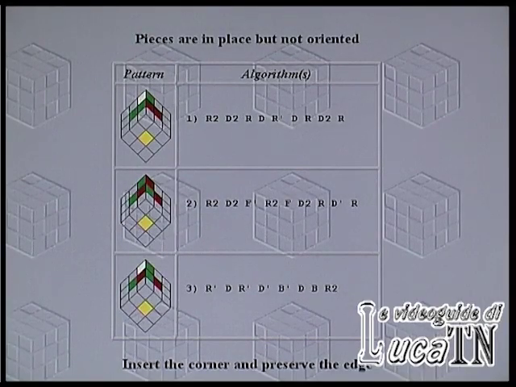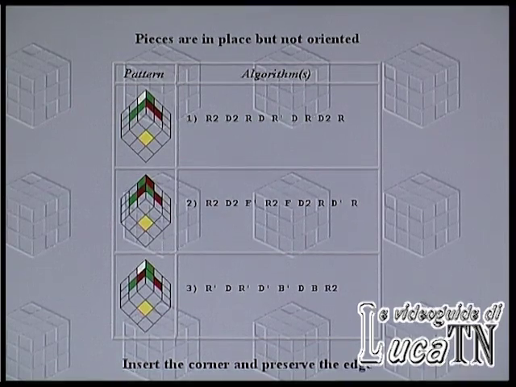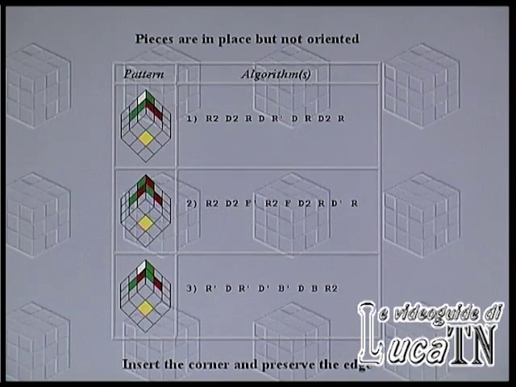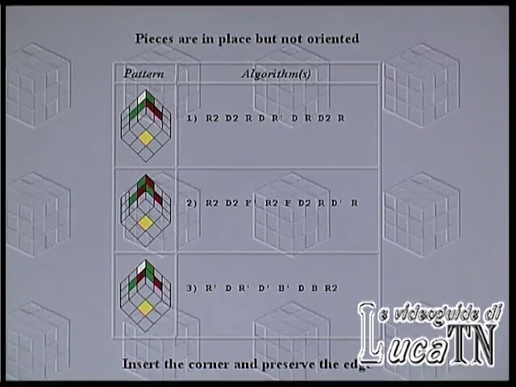This is Jessica Fridrich's homepage, where she explains the second phase of her method for solving the first two layers of the cube. This is the case where pieces are in place but not oriented.